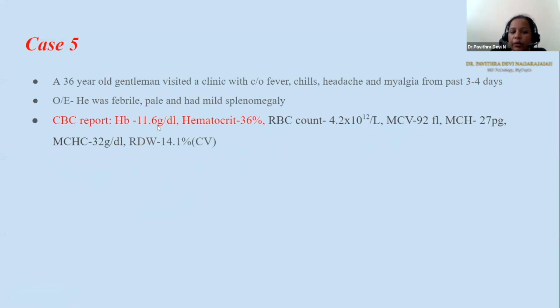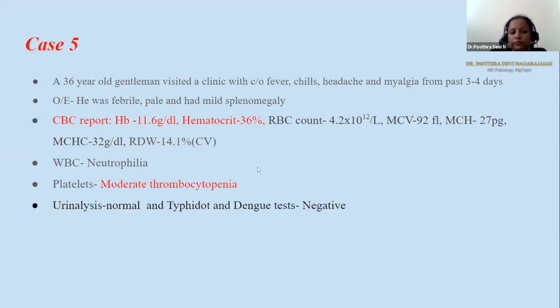Hemoglobin was 11.6 grams. Hematocrit was 36%, and all other RBC indices were normal. He had neutrophilia and moderate thrombocytopenia. His urine analysis was normal. And his typhoid and dengue tests were negative.